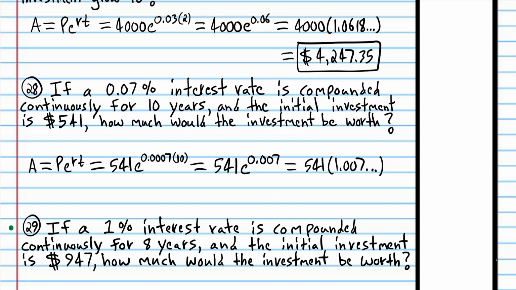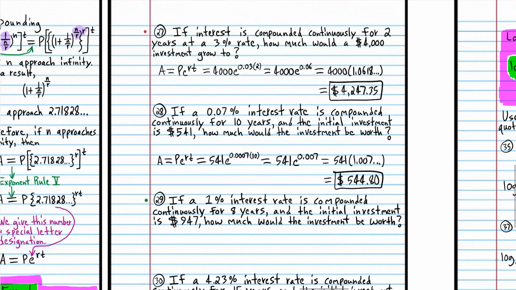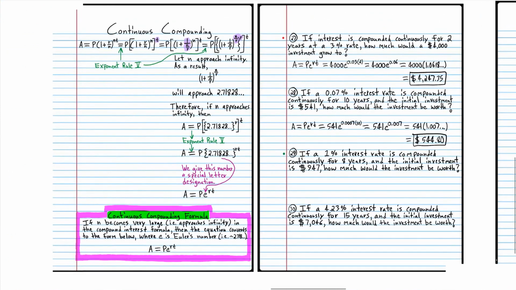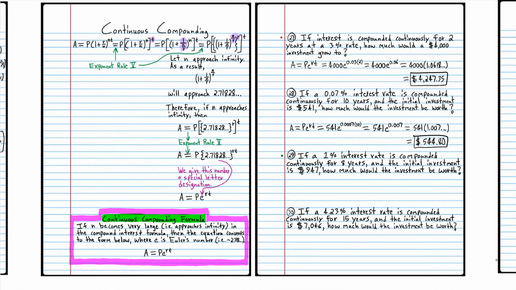So keep that number in your calculator, multiply by 541, and we get $544.80. So again, that's an application of base E exponential expressions.